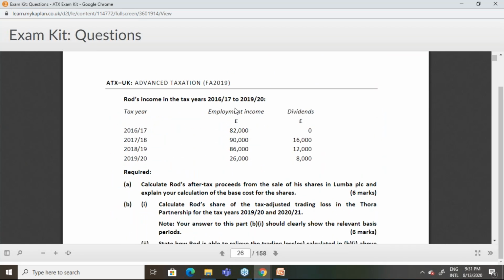Rod's income in the tax years 2016-17 to 19-20: employment income for 16-17, 17-18, 18-19, and 19-20. Okay. So this is not going to be a complicated question if you are familiar with the rules.